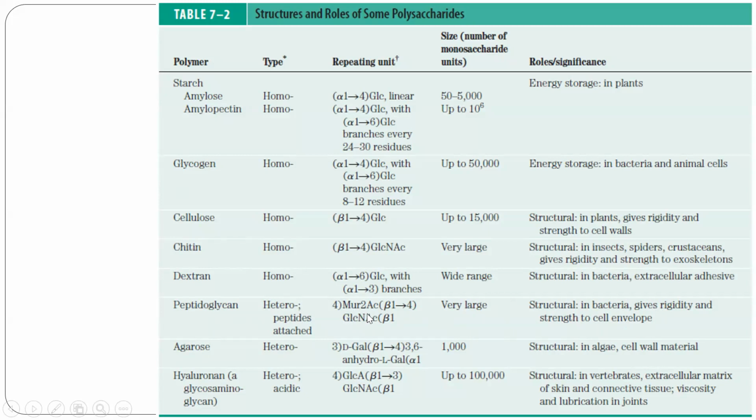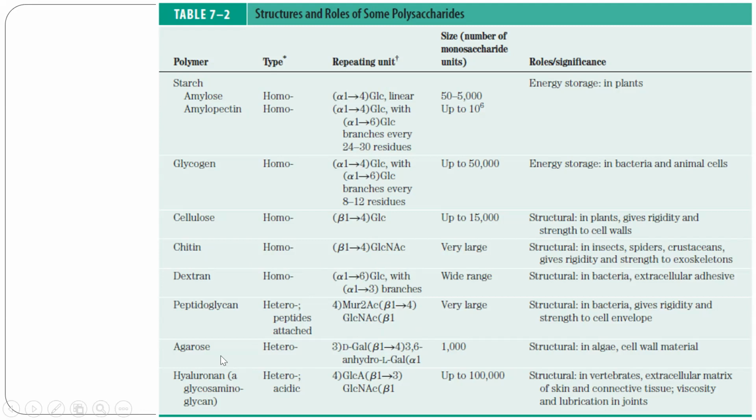Okay, I will look at the structure of this. So here what you can find is a heteropolysaccharide, there's a peptide attached, and you have your glucosamine that you can find in your hyaluronic acid and the glucosamine that you can find in chitin.